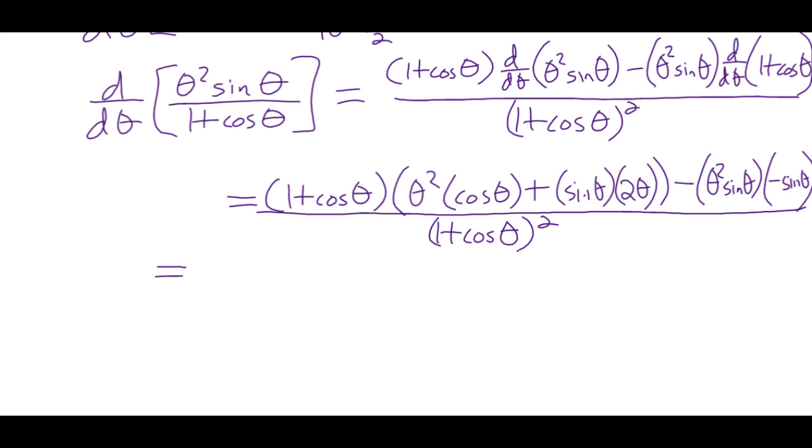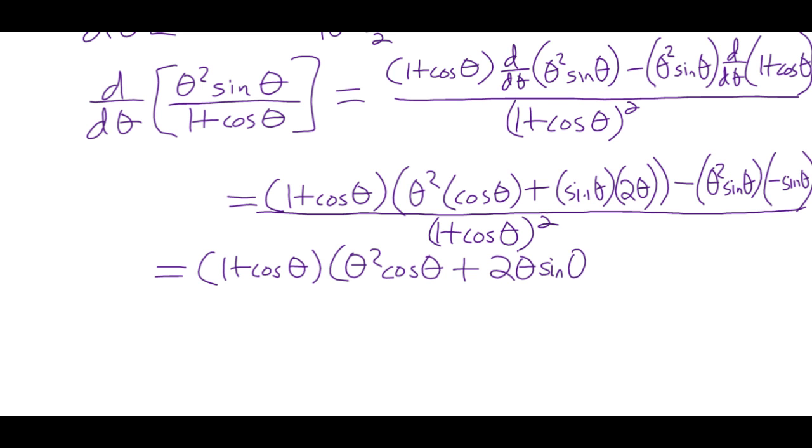So now we just want to clean things up a little bit here. We're just going to collect these and neaten them up a bit. So 1 plus cos theta times, okay, what do we got? Theta squared cos theta, so that's okay the way that sits. So theta squared cos theta plus 2 theta sine theta.